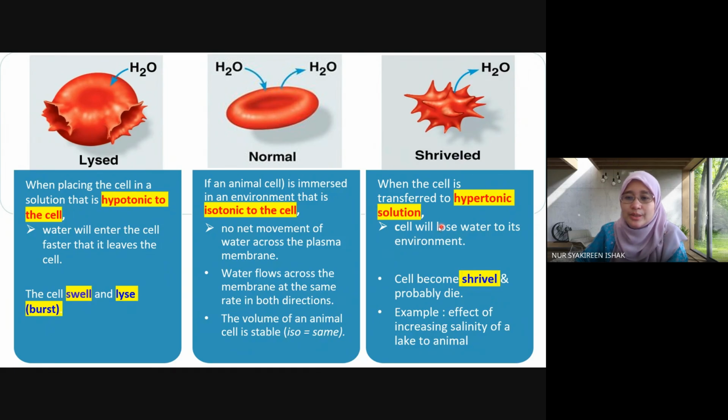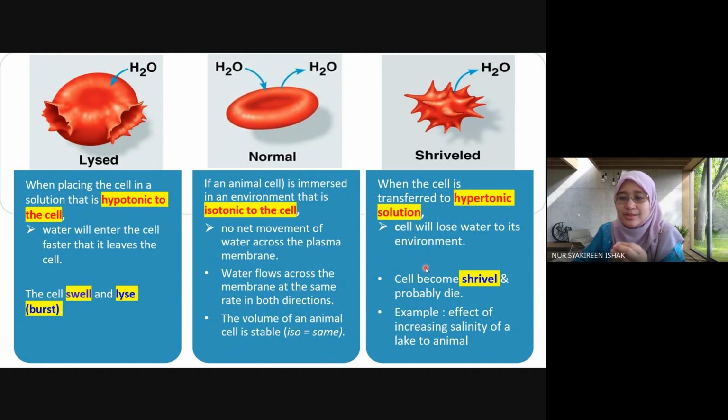Next, if you immerse the animal cell, the red blood cells, in hypertonic solution, it causes water to diffuse out of the cell. The cell loses water through the process of osmosis. So it causes the cell to become shriveled and then die. Please do not say straight away that the cell died.